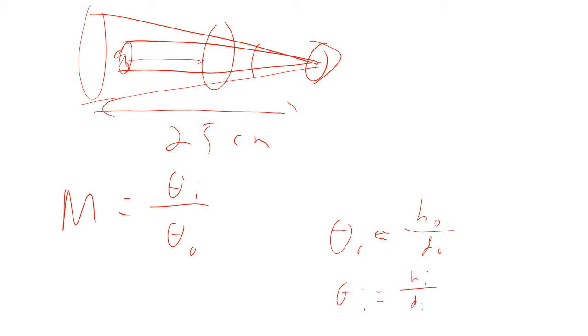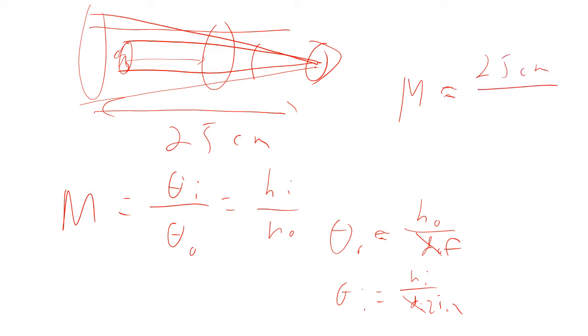We're going to assume the image is a distance of 25 centimeters from you. If you assume the object is very close to the focal point, then the magnification, which is the height of the image over the height of the object, works out to approximately 25 centimeters divided by the focal length.